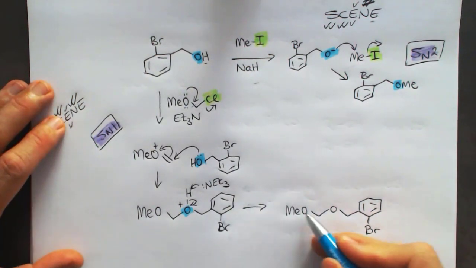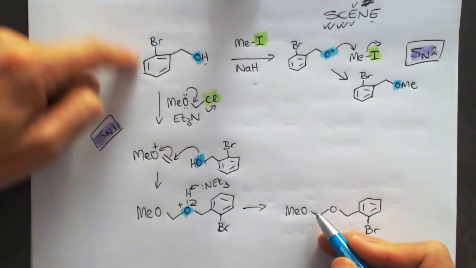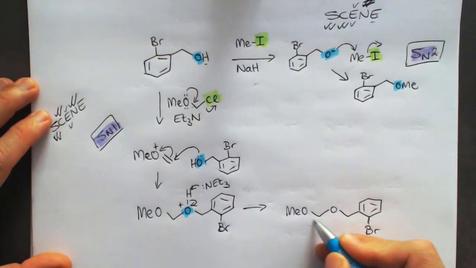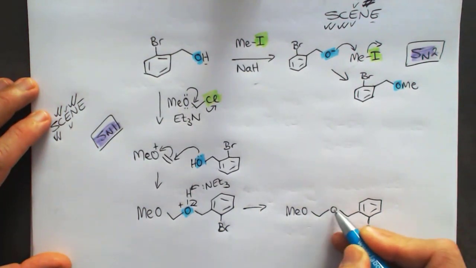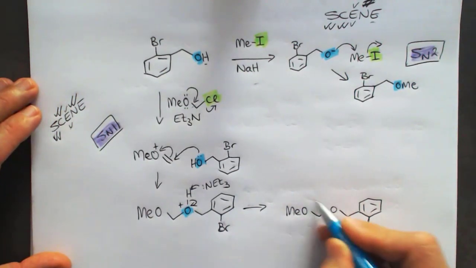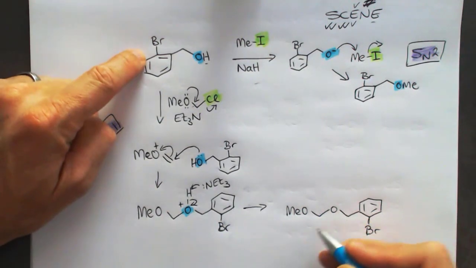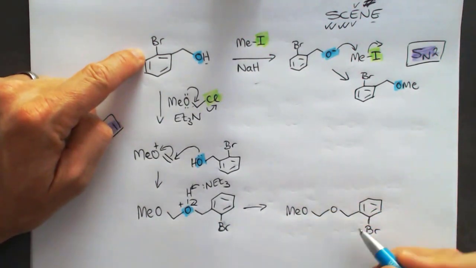Just interesting, notice that this functional group that's been formed over there is actually an acetal, a carbon with two oxygens on it. So this protecting group can actually be taken off. You can reveal this alcohol and go back to the starting material if you treat this with acid. That's just a side note for this.